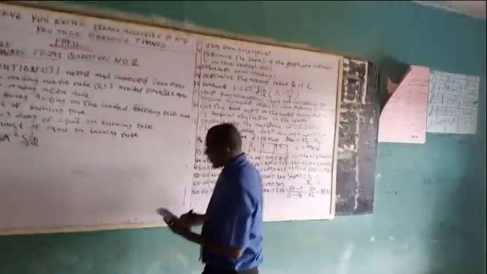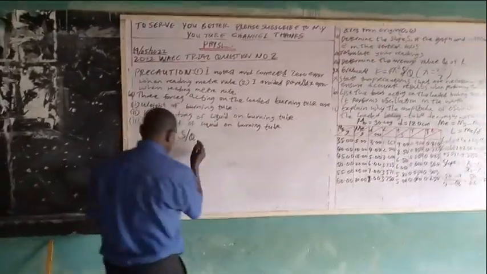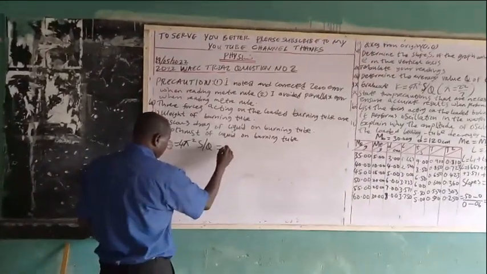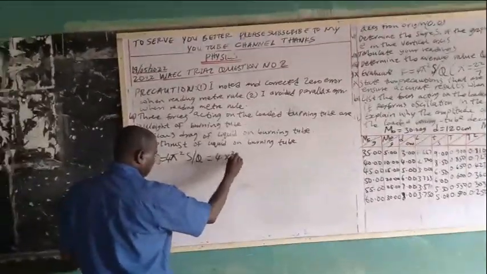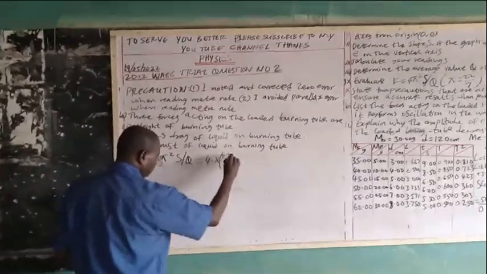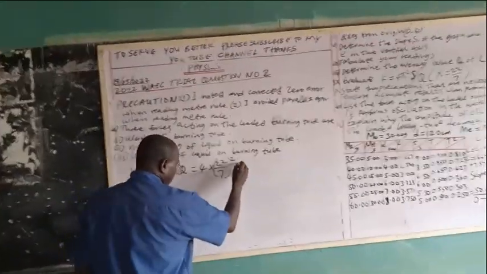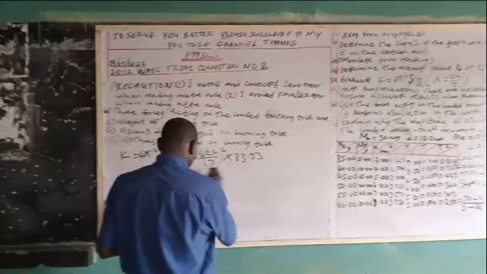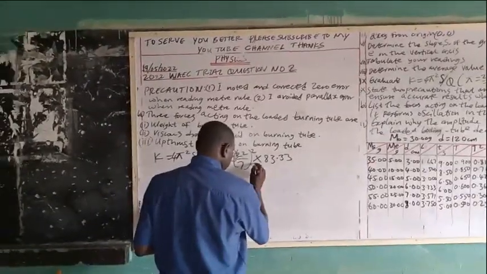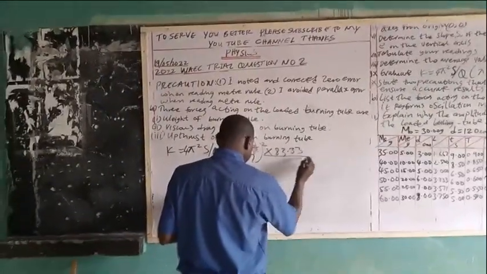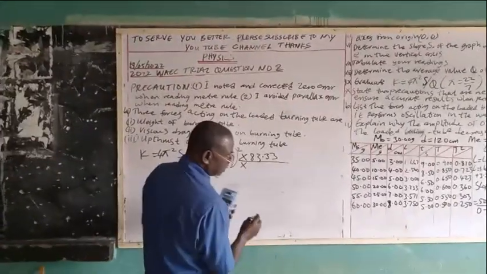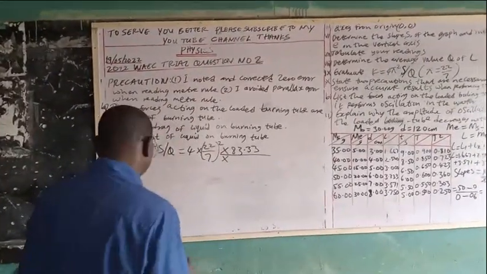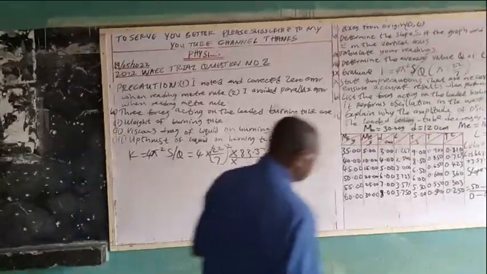Now, we are going to find the value of K. K is equal to 4 pi square S all over Q. 4 is 4, pi is 22/7 square. Our slope is 83.3 divided by Q. Our Q is 17.82.